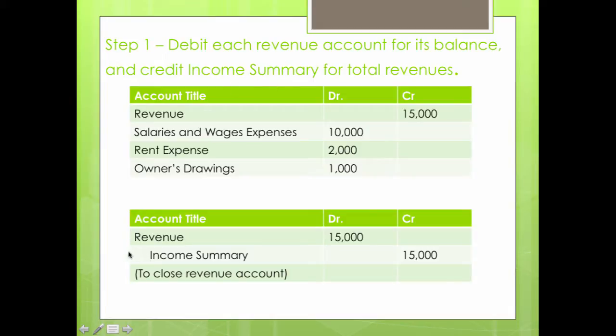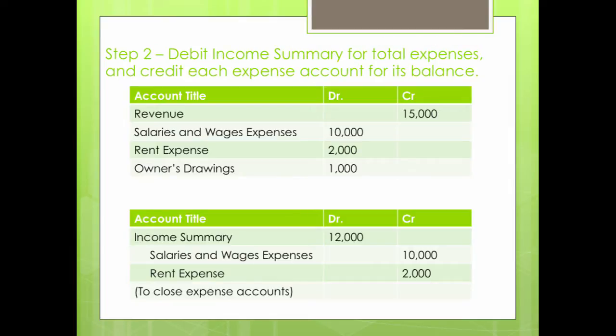And when we credit, we indent. We write income summary for the account title, and we credit that by $15,000. And then we add a simple description to identify the reason for this transaction. In this case, it's to close the revenue account, and we are done with the step. So this is the first of 4 steps to closing the books.